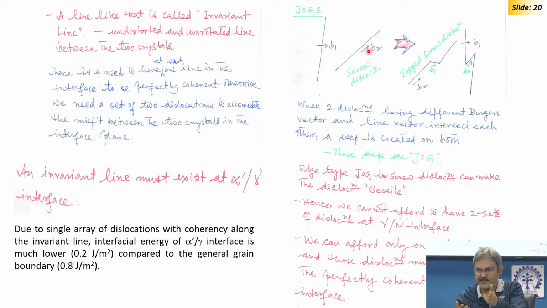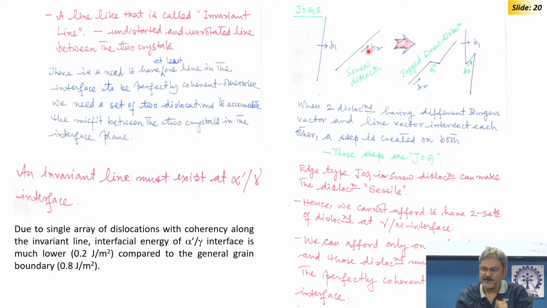If you know dislocation theory, an edge type jog in a screw dislocation is highly obstructive, because a screw dislocation can cross slip and is mobile in any plane, but an edge type jog restricts its movement, because now it can move only in the one plane where the line and its Burgers vector lie. The line and the Burgers vector of an edge are perpendicular, so it can only move like this. So its mobility is restricted.